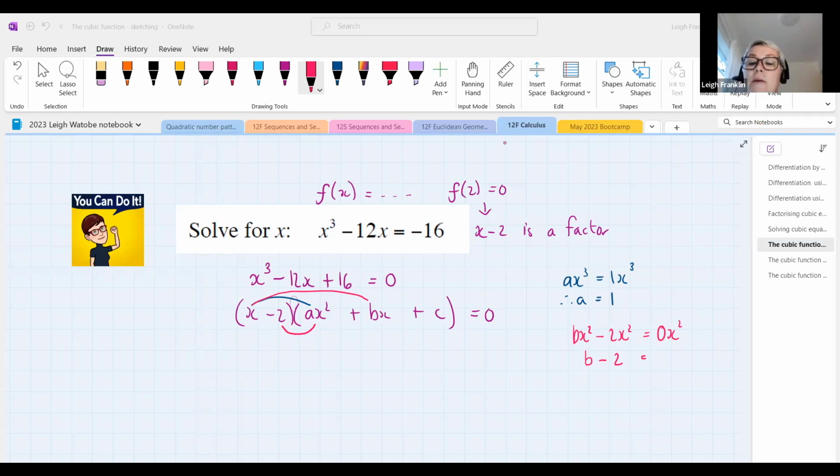We're going to equate the equations. Exactly. So we're going to drop the x squareds and we're going to say b minus 2 is equal to 0, which means that b is equal to? 2. Excellent. Good job. Okay, now do the c for me, please.